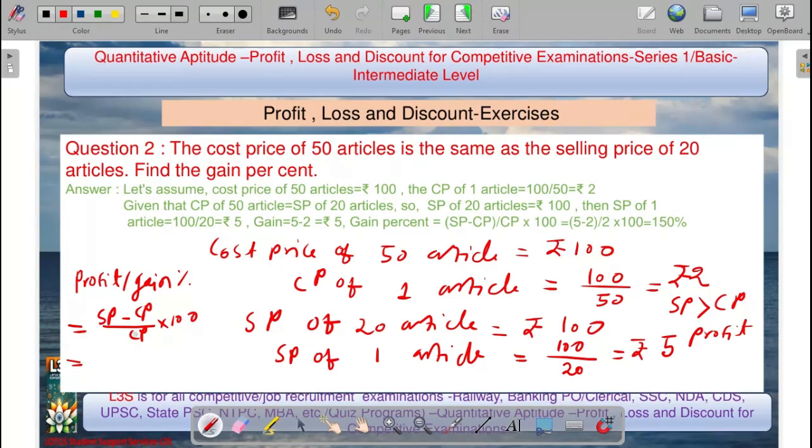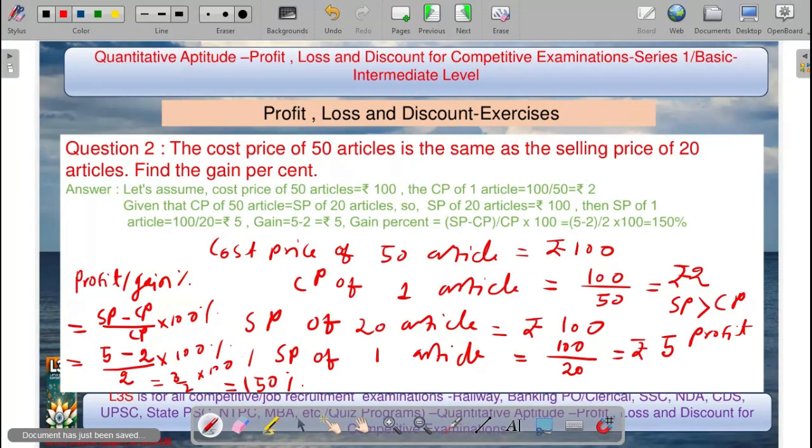Sale price of one article is rupees 5, and cost price of one article is rupees 2, so 3 by 2 into 100. So it will be 150%.